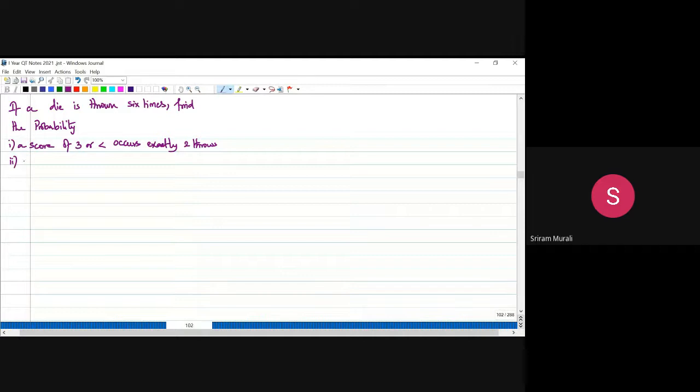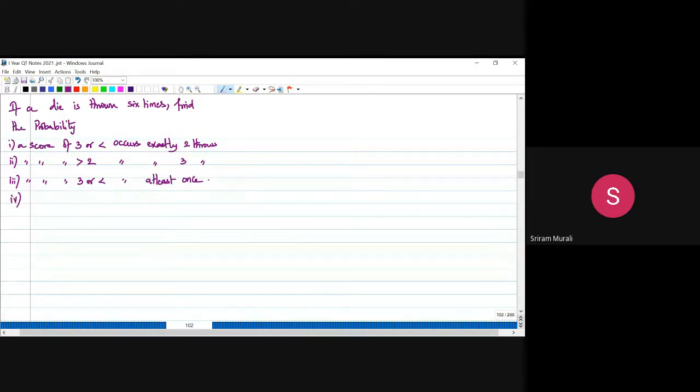Subdivision 2, a score of more than 3 occurs exactly in 3 throws. Number 3, a score of 3 or less occurs at least once.